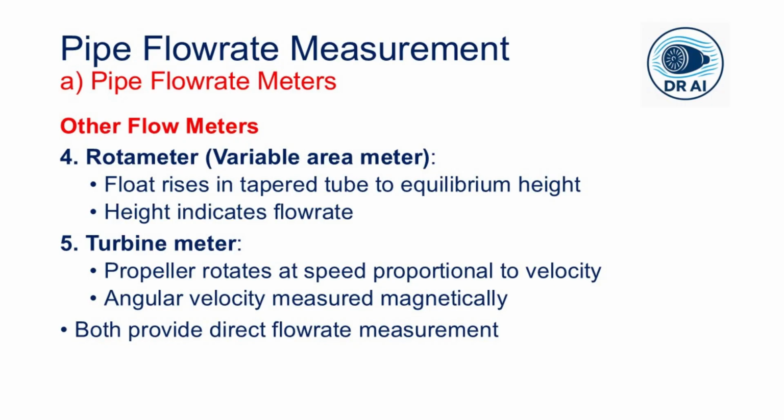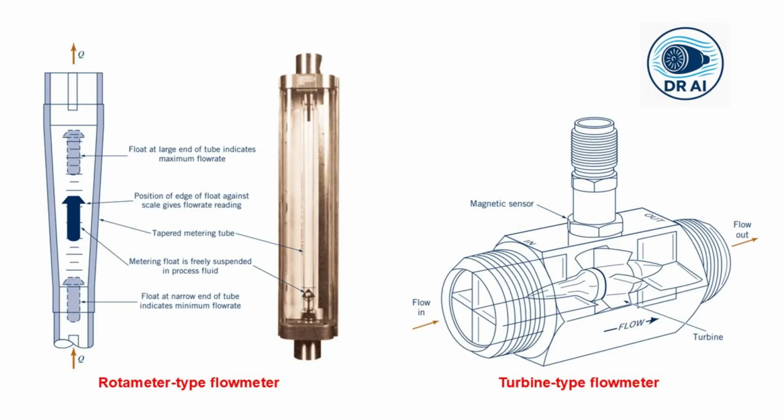Another type is the turbine meter. Another common device is the turbine meter, as shown over here. Inside the pipe, there is a simple freely rotating propeller or turbine, similar to a fan. As the fluid flows through the meter, it strikes the blades and causes the turbine to spin. The angular velocity of the turbine is, to a good approximation, proportional to the average velocity of the fluid.